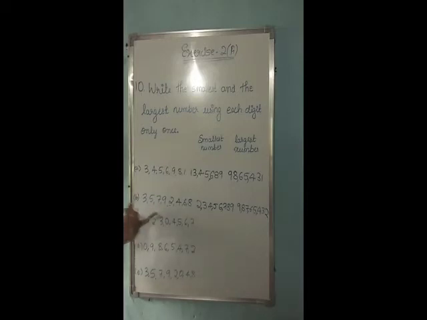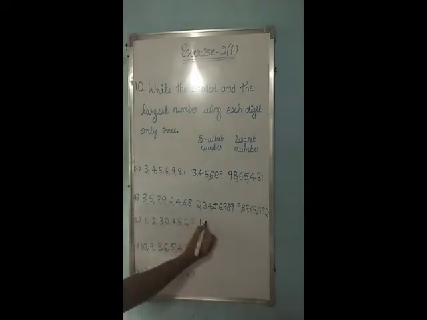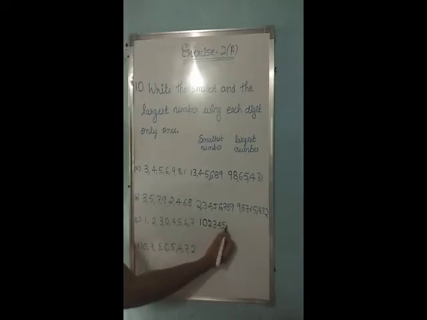So here, other than 0, which number is the smallest number here? 1. So first we have to write 1. After that we should write 0. Then 2. Then 3. Then 4. Then 5. Then 6. Then 7. So the smallest number is 1,034,567.